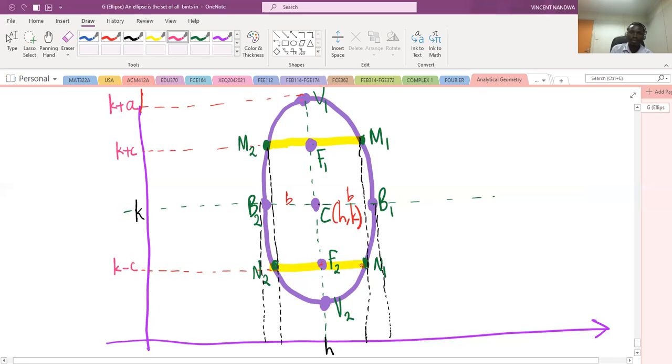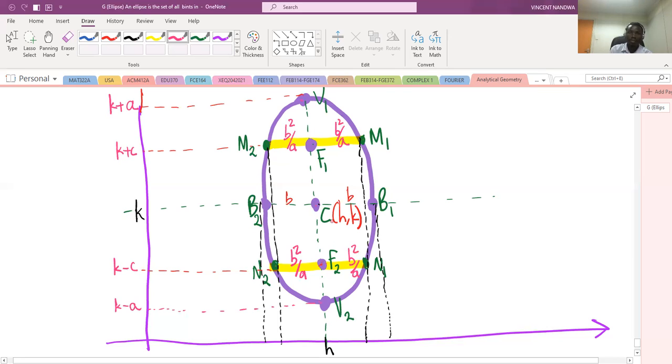And this one must give us k minus a. We also know that the distance from F to these ends of the lattice rectangle is b squared over a. So this is also b squared over a.